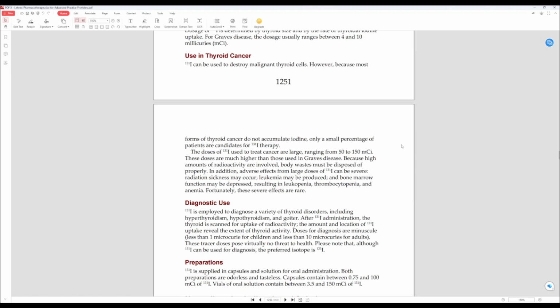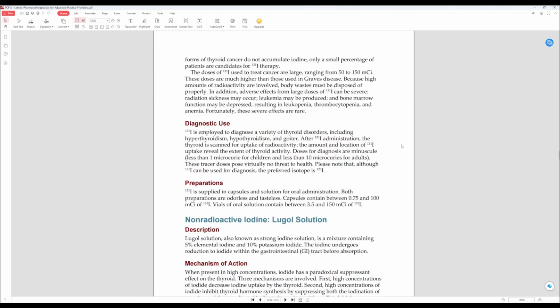However, because most forms of thyroid cancer do not accumulate iodine, only a small percentage of patients are candidates for iodine-131 therapy. The doses used to treat cancer are large, ranging anywhere from 50 to 150 mCi. These doses are much higher than those used for Graves' disease.